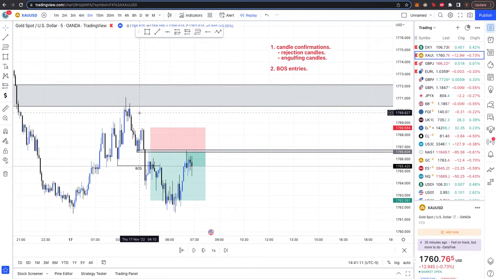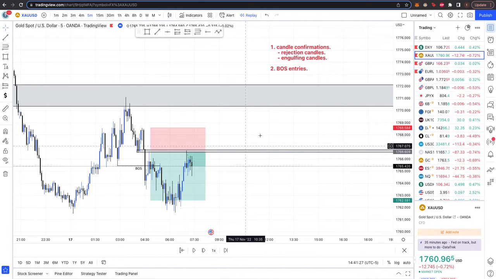So it is down to personal preference. On the opposite end, with candle confirmations, oftentimes you can enter with a small stop and very quickly get a 1 to 3 R. So obviously they both have their pros and cons. It's personal preference, and these are the two that I would highly recommend.